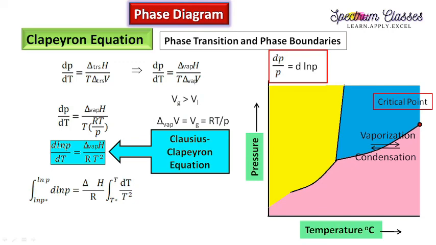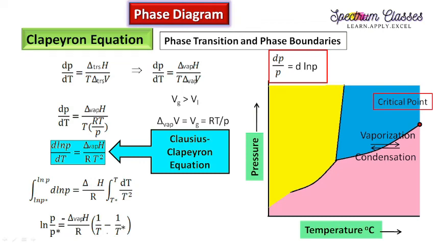Now on solving this, d ln P is equal to ΔH vaporization upon R, integrated dT upon T square from T star to T. On solving this, we get ln P upon P star is equal to ΔH vaporization upon R times (1 upon T star minus 1 upon T).